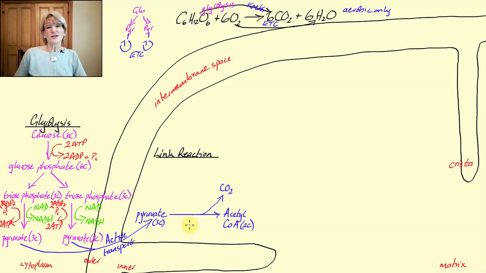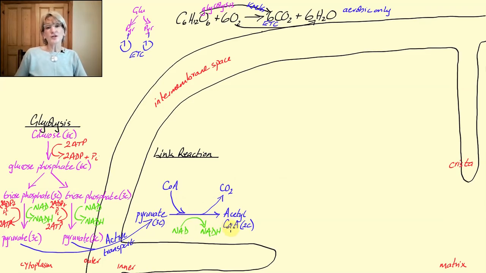And what you do need to recognise is that pyruvate reacts with coenzyme A to form acetyl-CoA. And this also is an oxidation reaction because once again, NAD is reduced to NADH.